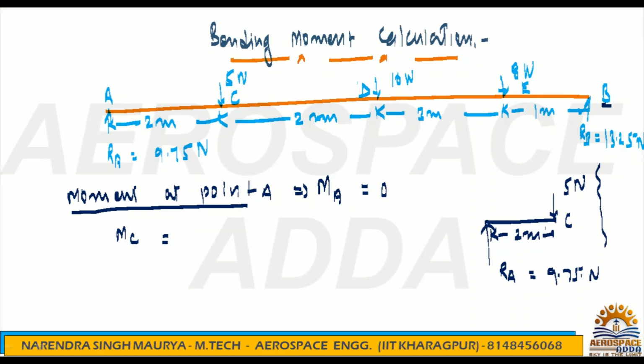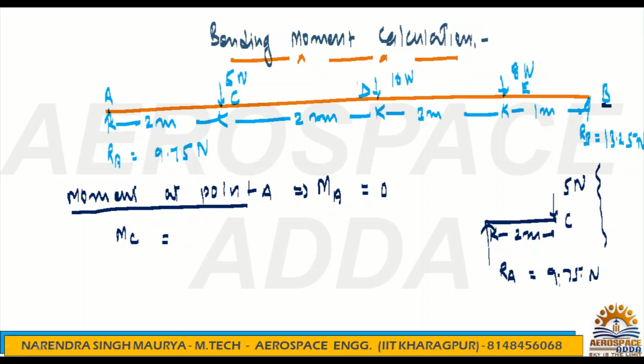Because of this 5 Newton, we will not get a moment at point C, because its perpendicular distance is 0, as it is exactly at point C. But what about this RA? That is 9.75, and the perpendicular distance is 2 meter, because we are calculating the moment at C.